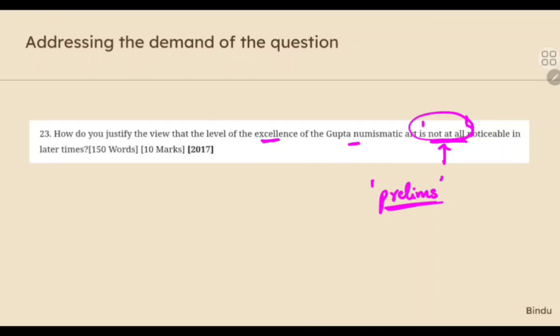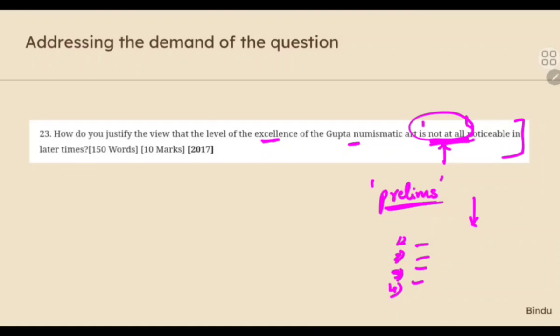In prelims, we find extreme words which should be eliminated. If we find extreme words like not at all, absolutely, we become suspicious regarding that statement. Similarly, here also it's a trap. Aspirants see not at all and give all the points saying that yes, it is not at all noticeable in later times. They give only points to support this.